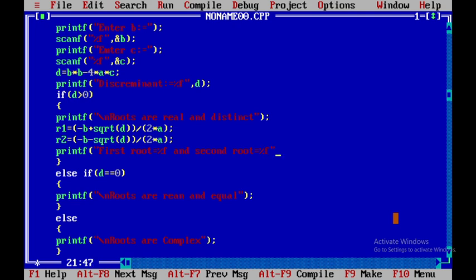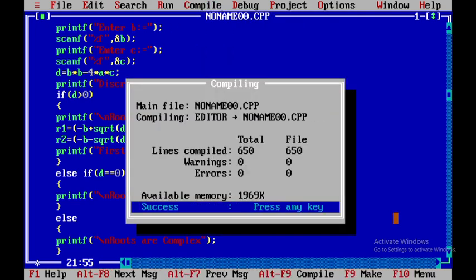Okay, so %f, first root is r1 and second root is r2. So now if you compile, 0 errors.